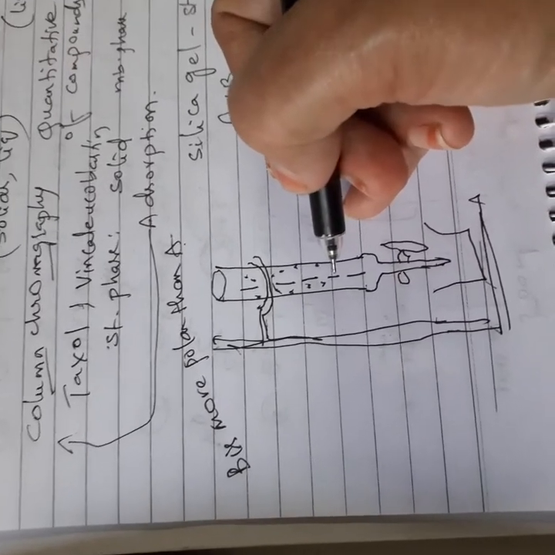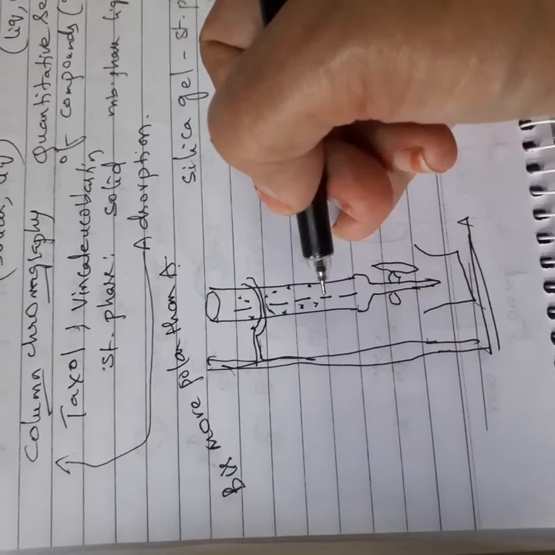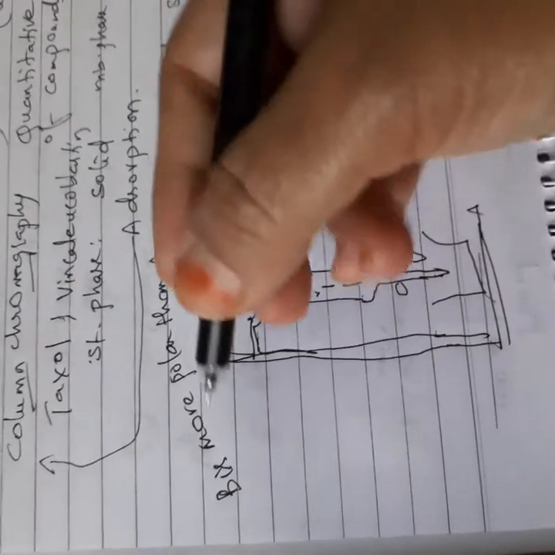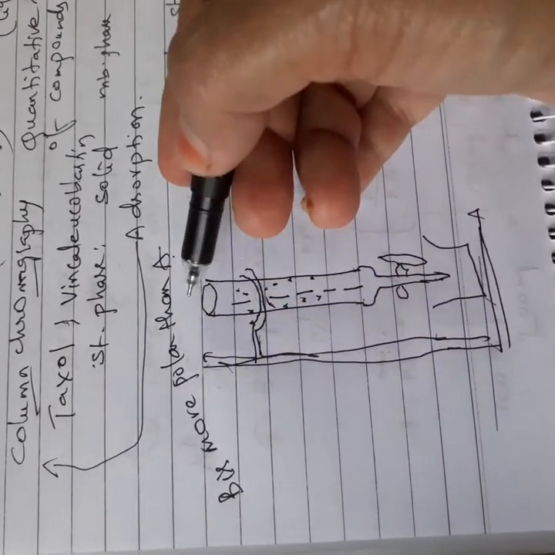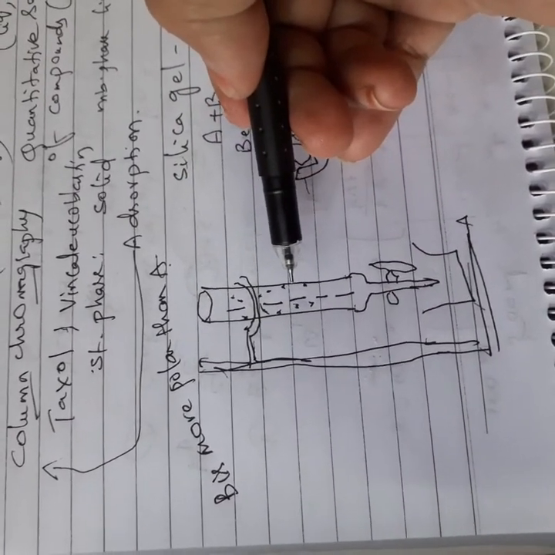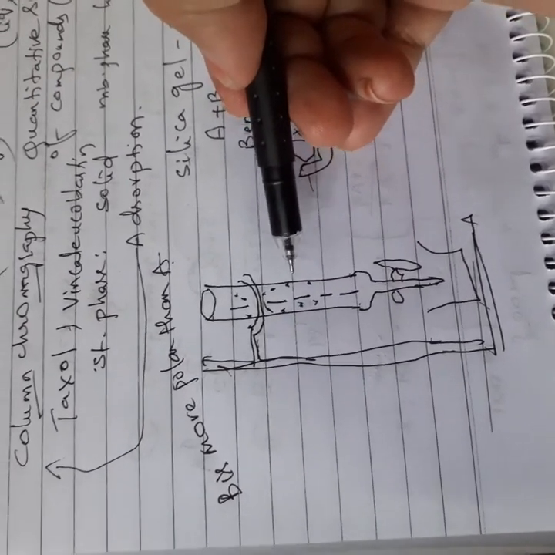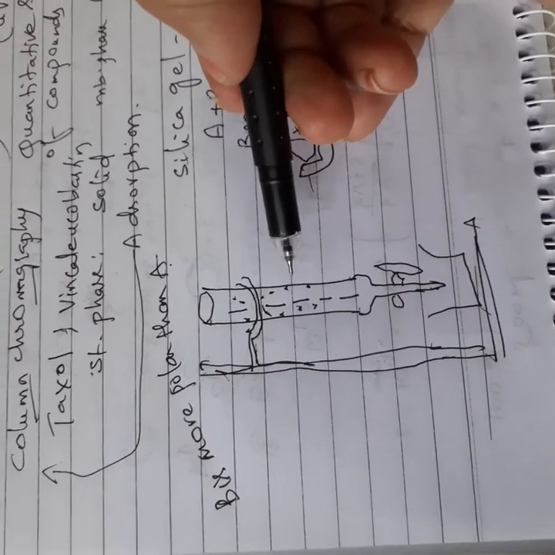That's why we say that adsorption is the basic phenomenon in this column chromatography. Because B is more polar than A, B will adsorb more to this stationary phase, because the stationary phase, this silica gel, is also highly polar.